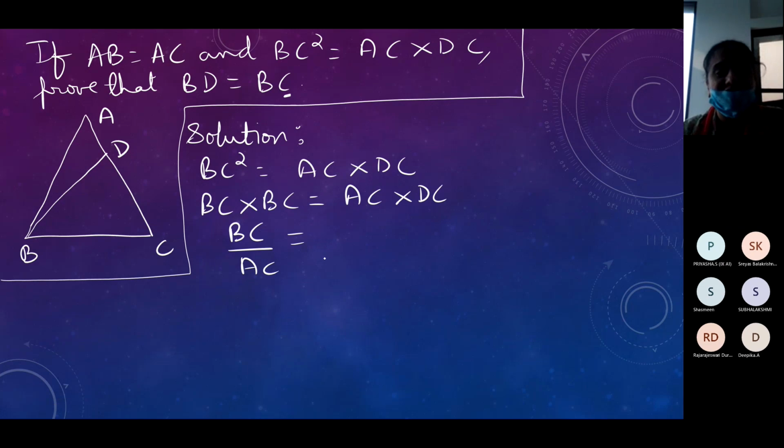BC by AC is equal to DC by BC. Is this correct? Okay. Now, these two sides are of which triangle? And these two sides are of which triangle?